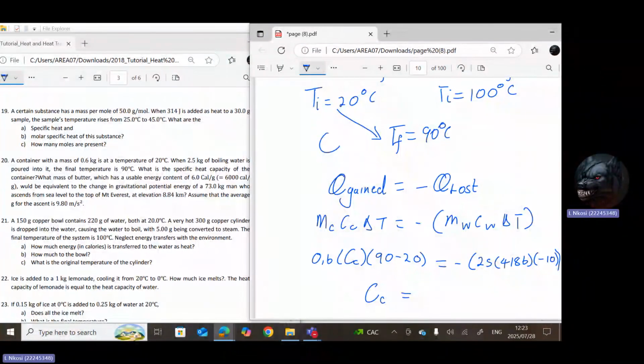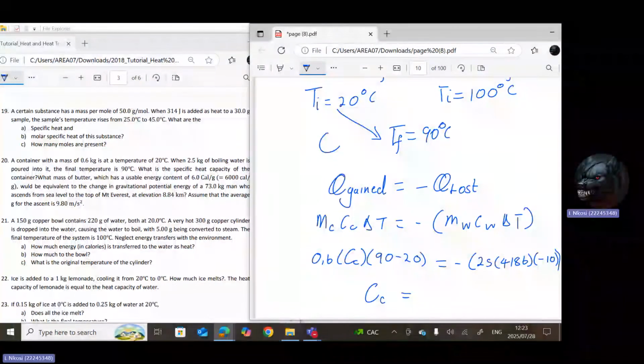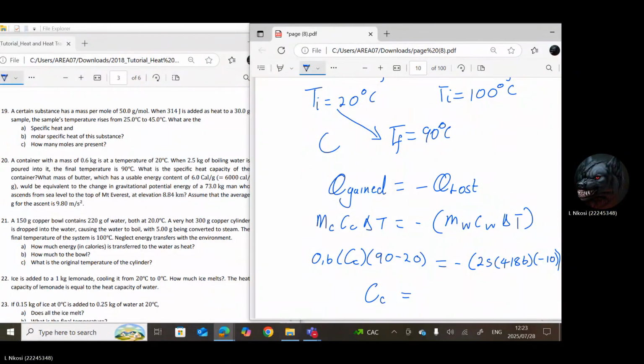It's going to be negative 25 times 4186 and negative 10 over 0.6 times 70.